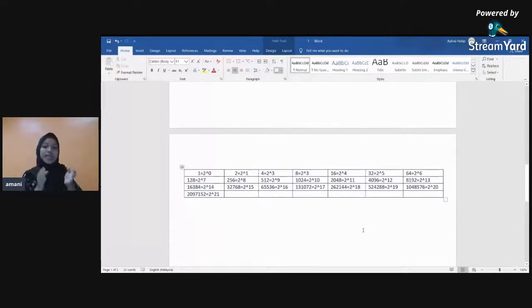I multiply the value of 8 with 2 and you will get 16, which is equal to 2 to the power of 4. And then you take the value of 16 and multiply it by 2, and then you will get 32, which is equal to 2 to the power of 5. And you need to repeat this method until the number of bacteria reaches 2 million.